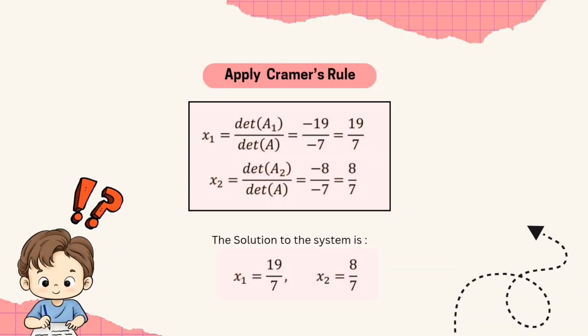Now that we have the determinants, we can apply Cramer's rule to find the values of x1 and x2. To find x1, we use the formula x1 equals determinant A1 divided by determinant A. And to find x2, we use the formula x2 equals determinant A2 divided by determinant A.